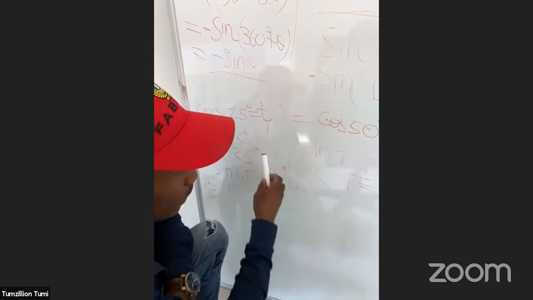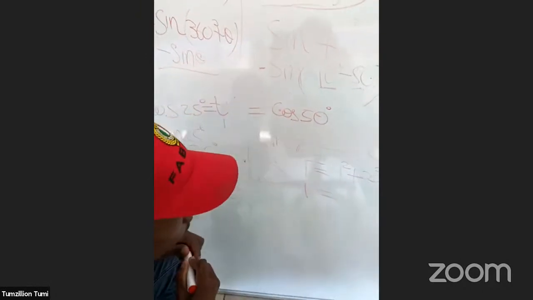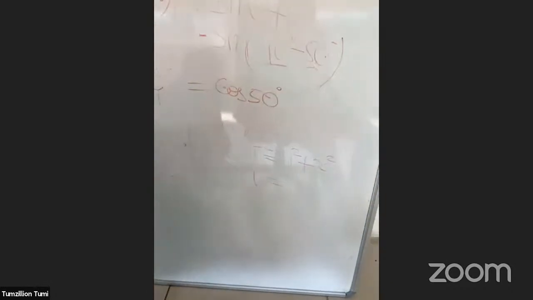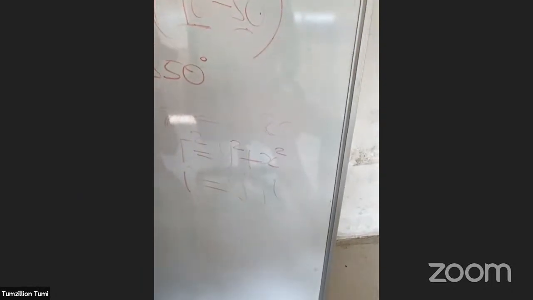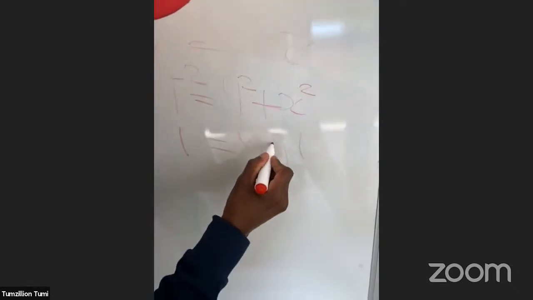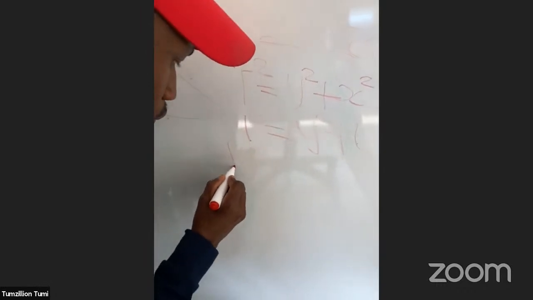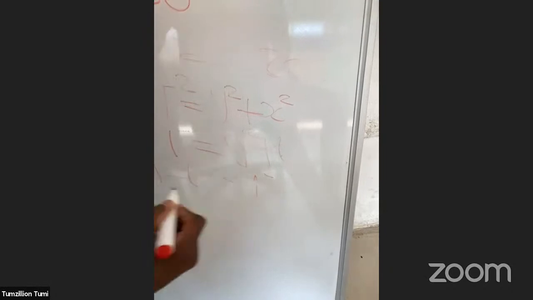So 1 squared is equal to y squared, which is what we are looking for, plus x, the adjacent side, which is t squared. Then we transpose it: we take t squared to the other side, and we have 1 minus t squared is equal to y squared.